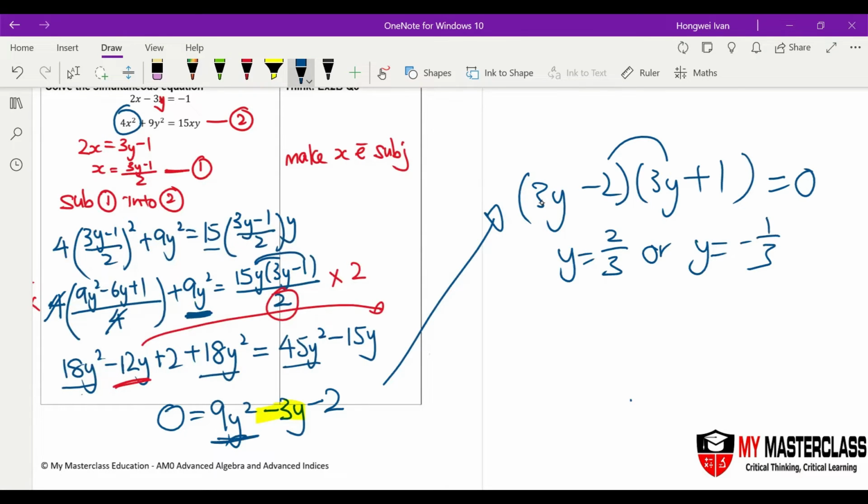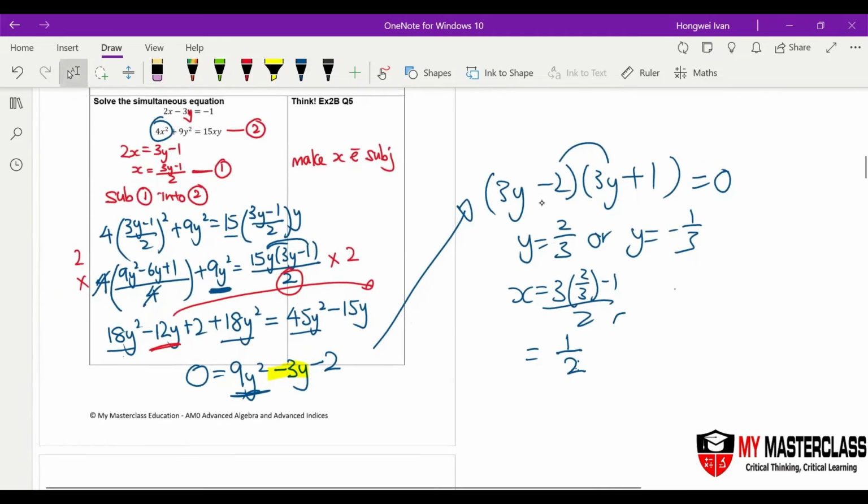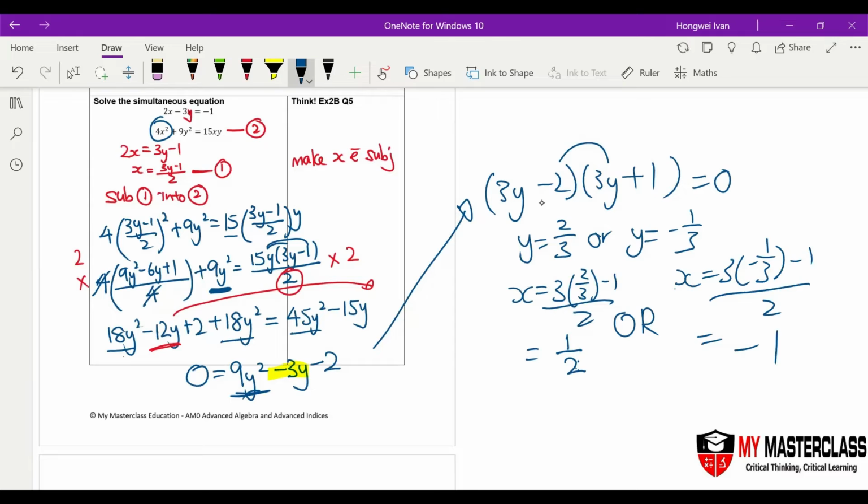Many students stop here, but you must remember to find out what x is. Always substitute back into equation 1. x equals 3 times 2/3 minus 1, divided by 2, which is half. Or x equals 3 times minus 1/3 minus 1, divided by 2, which is minus 1.